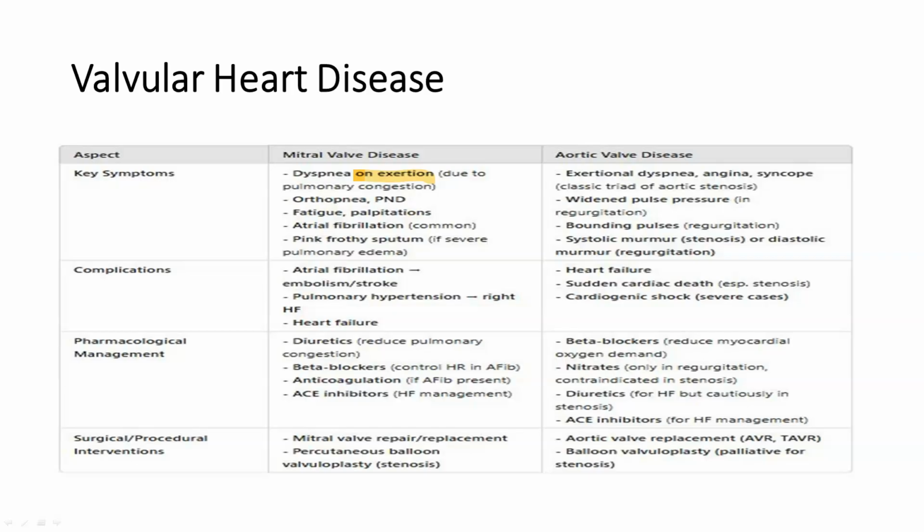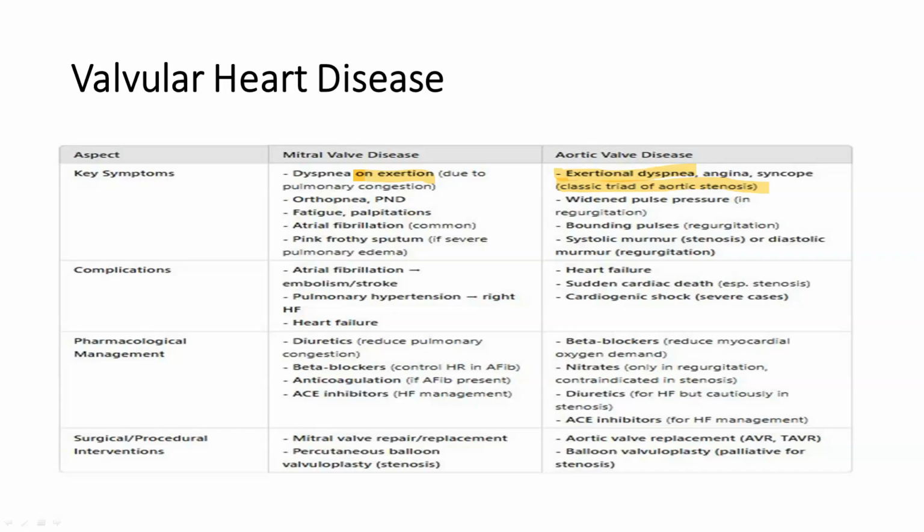Here, it's still exertional dyspnea, but now we're throwing in angina and syncope. This is what they're referring to as the classic triad of aortic stenosis. And again, we remember that chest pain is chest pain is chest pain. Until I know that it's not MI, I need to treat it as such.